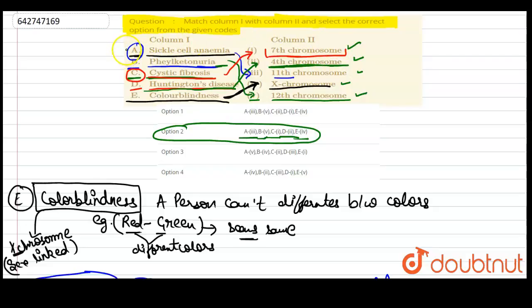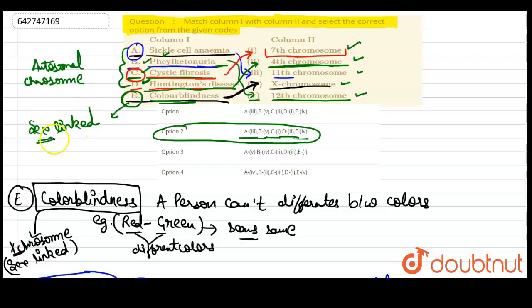A, B, C and D are all autosomal linked diseases. Only E, color blindness, is a sex linked disease, linked with the X chromosome.